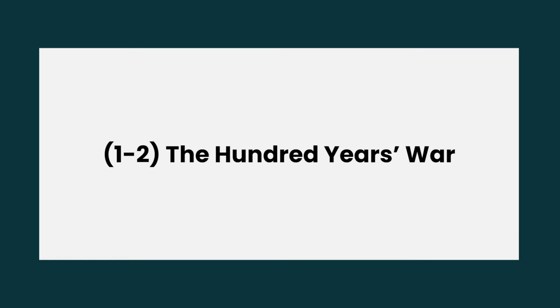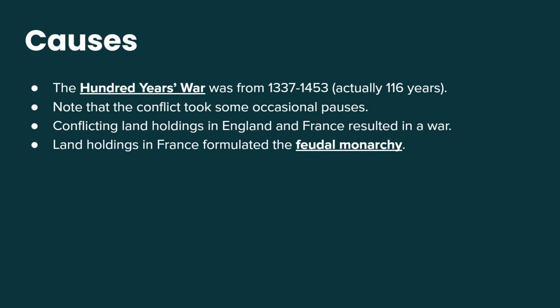Our next topic, 2 out of 11, is the 100 Years' War. First of all, it was from 1337 to 1453, so it was actually 116 years. Note that the conflict had some pauses, so it's not like they were fighting for 116 years. Maybe for some 3 years they didn't fight.